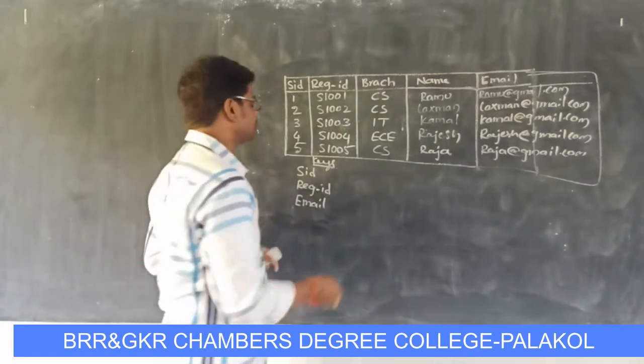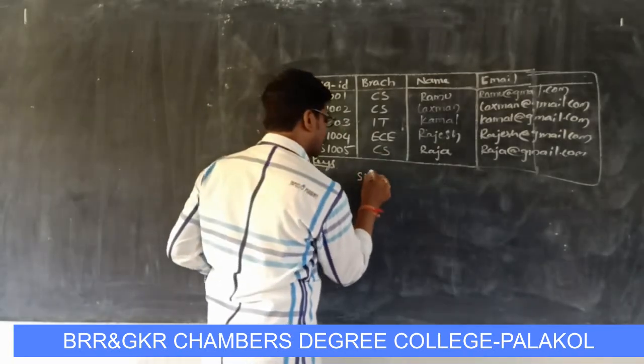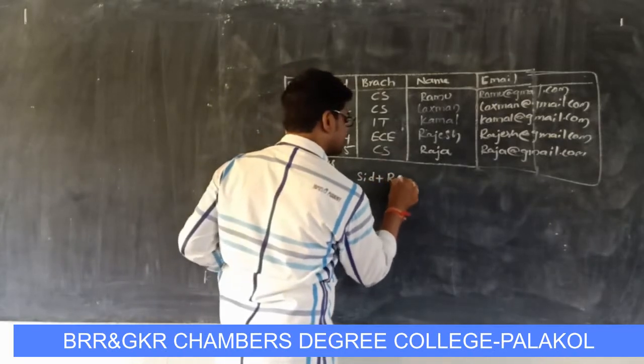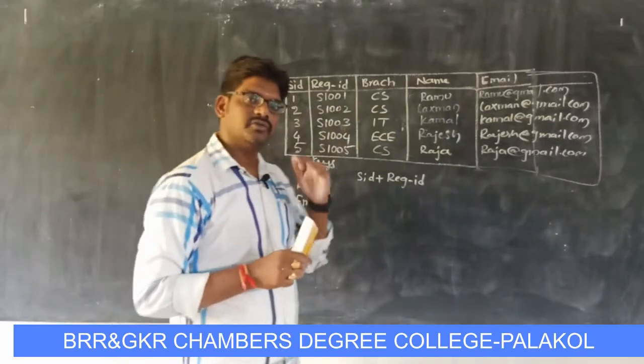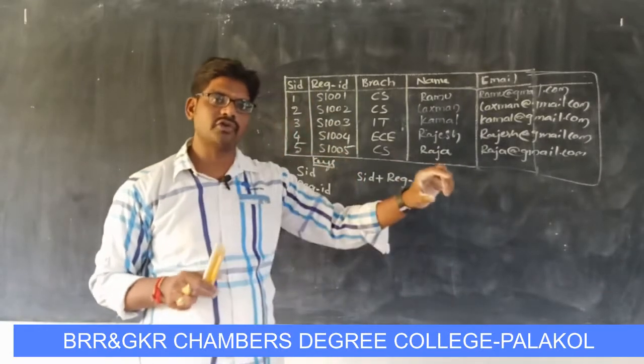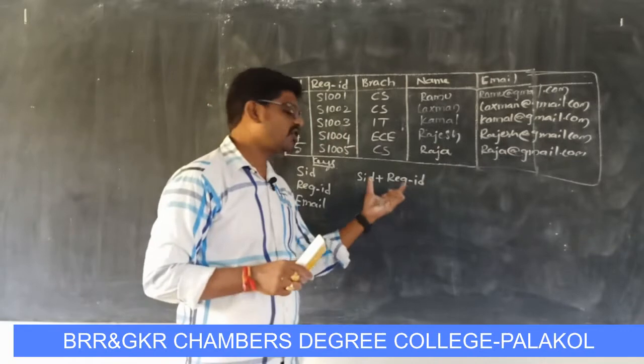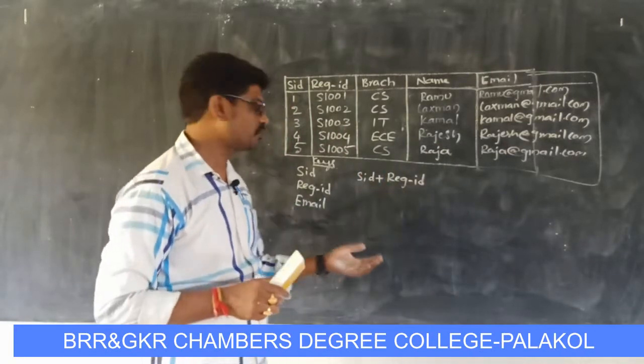Okay, that means the combination, so SID plus registered number, the combination of attributes which you have to maintain so the row is uniquely identified, we call it a super key. So what are the super keys here?